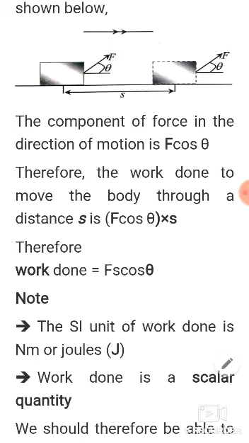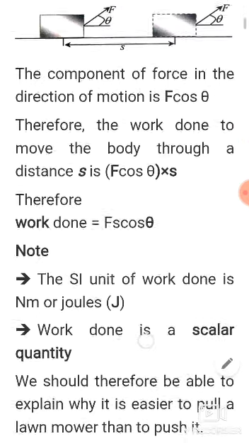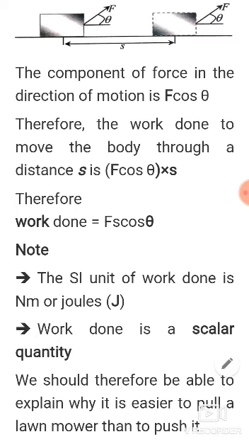Then work is a scalar quantity. So being a scalar quantity, we should majorly be looking at joules, because newton meters sometimes you may use for moment. So in order not to confuse joules for work with moment, let us stick to joules for work done.